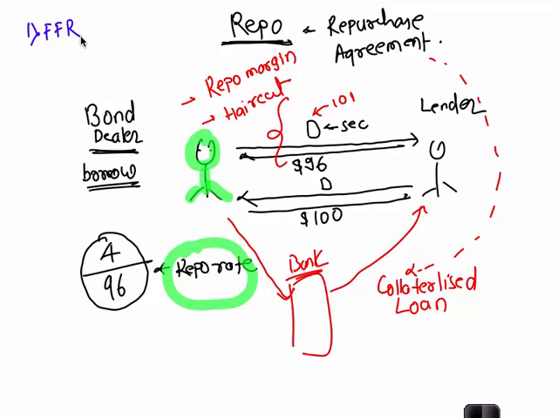FFR is federal funds rate. This is a rate at which one bank would give loan to the other bank in US. So roughly you can think of this as the general level of interest rate in the market. So if general level of interest rate in the market is higher, repo rate would be higher.